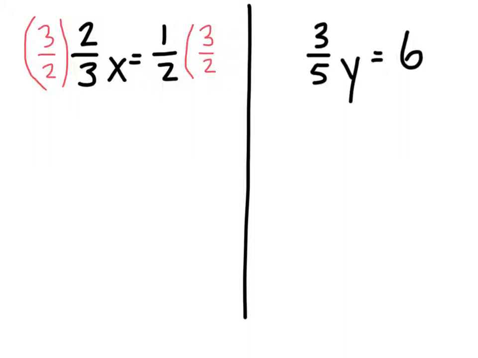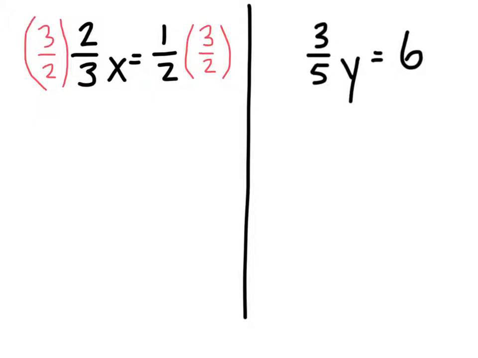So let's look back at the left side of what we did and solve for that. If we have 3/2 times 2/3, if we multiply these together, 3 times 2 is 6, and 2 times 3 is 6.